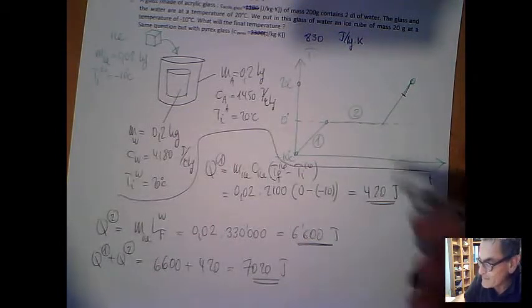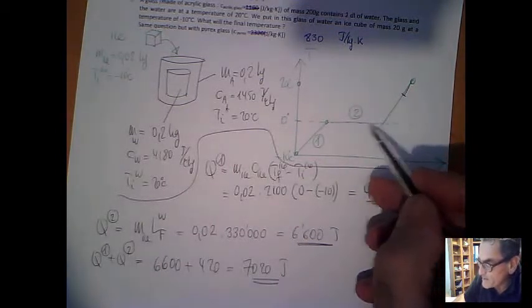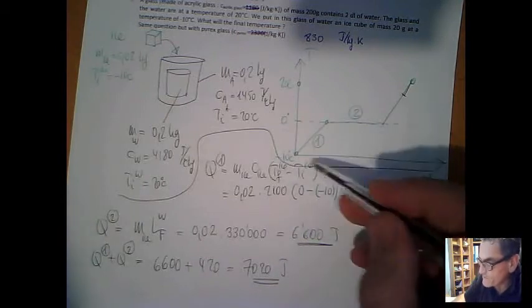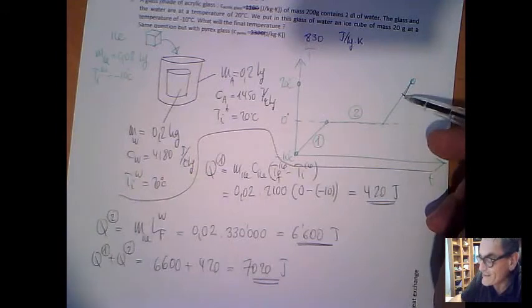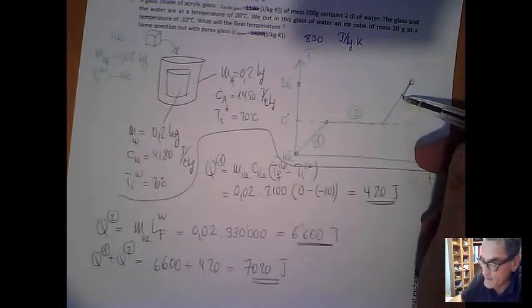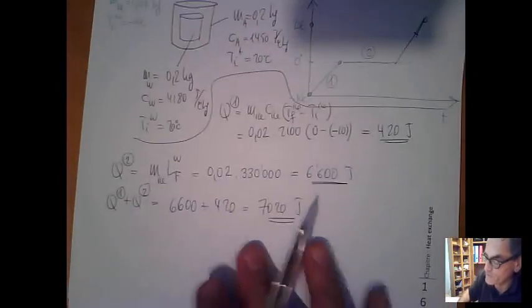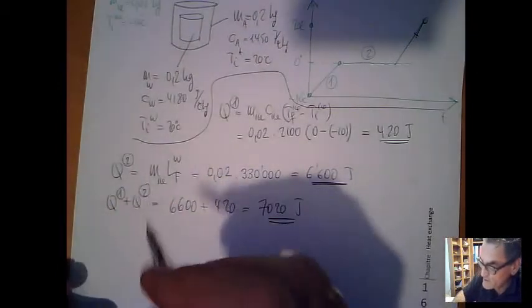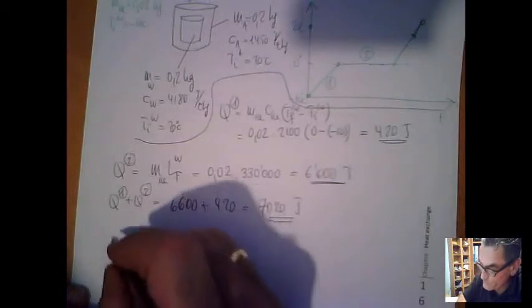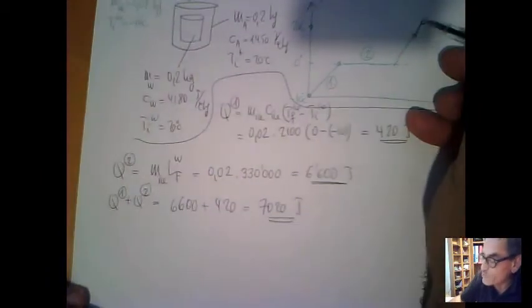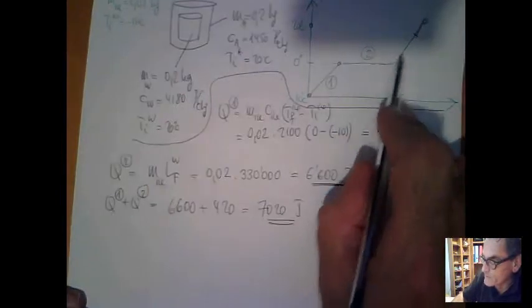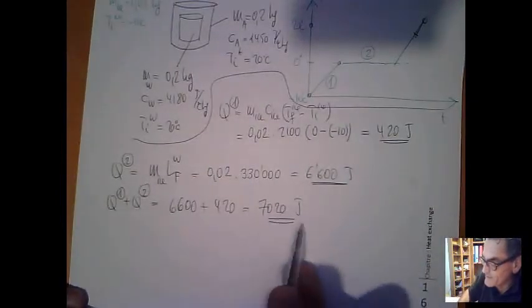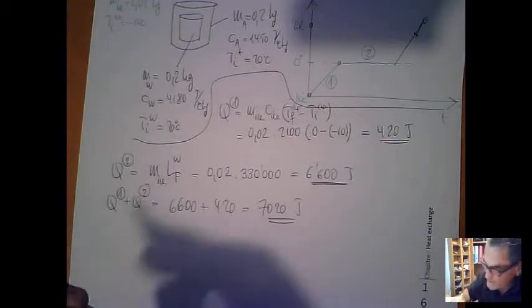So the ice takes a total of 7,020 joules, while the water and the glass lose 7,020 joules. Now what we should compute is to what temperature we can go down if the water and the glass give 7,000 joules to the ice.